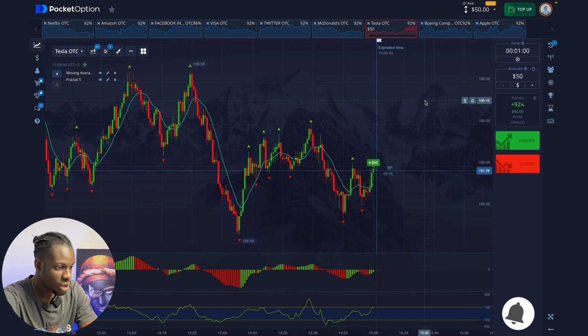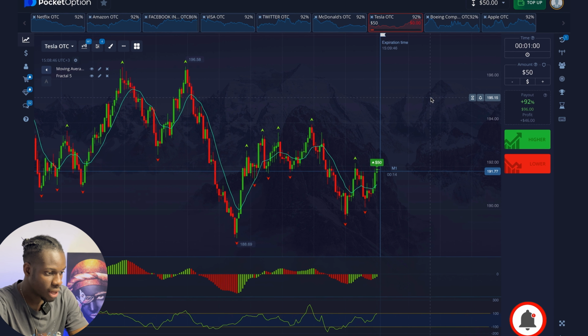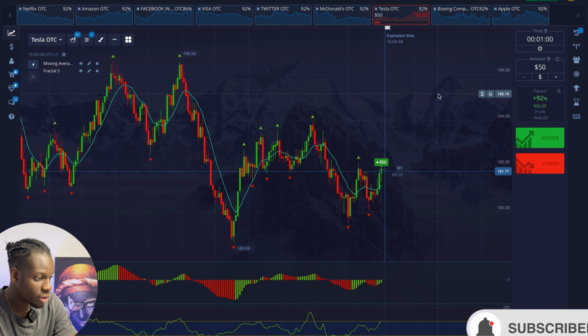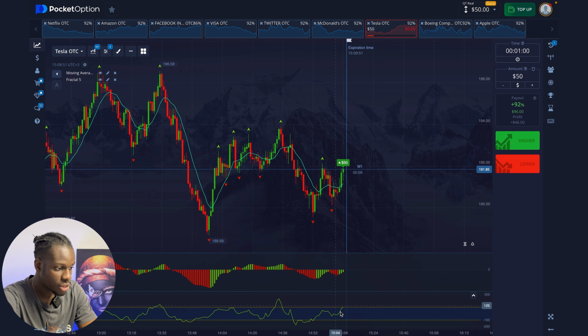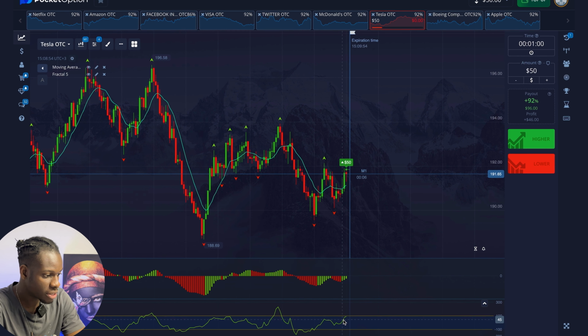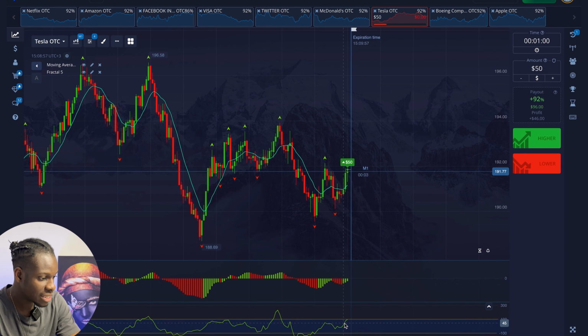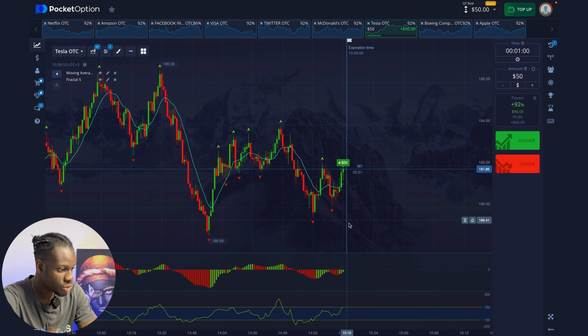Okay guys, so we just took our first position, which is a long, and this is actually a very solid entry point. I'll tell you immediately why. We can see the oscillator's lines haven't crossed into the overbought area yet, which is indicating further upward potential.